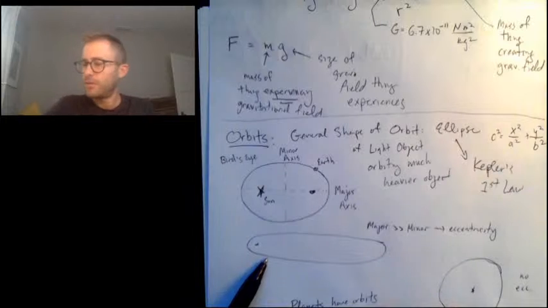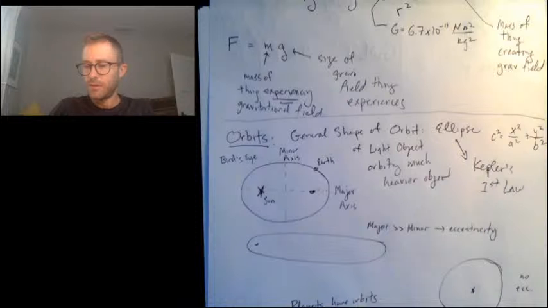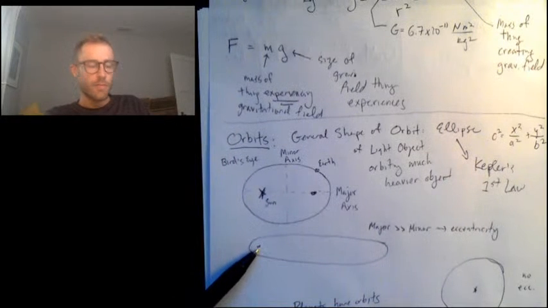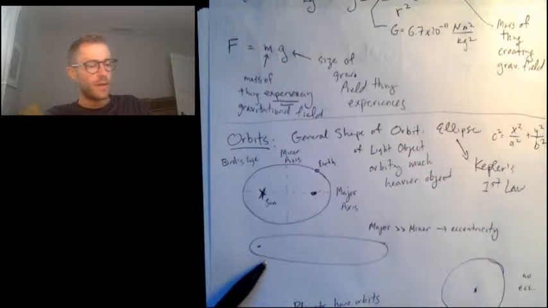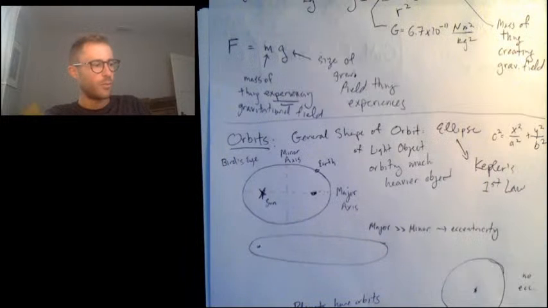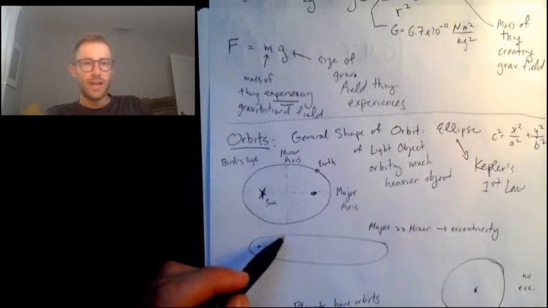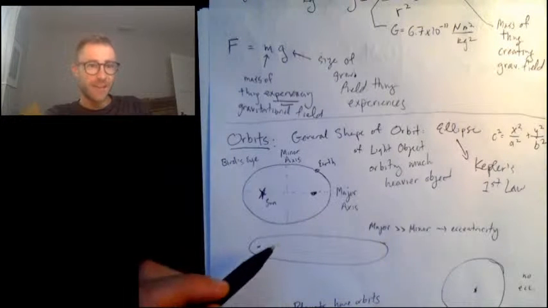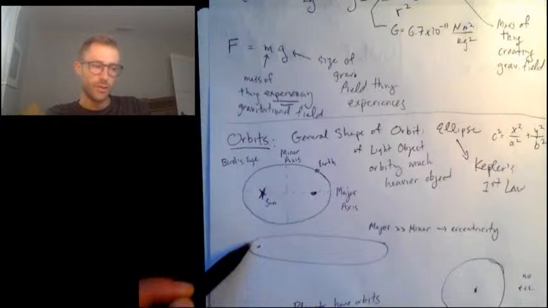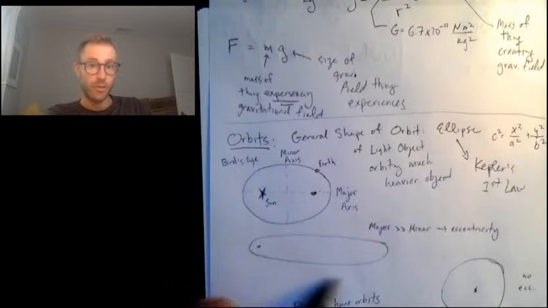And hang on a second, I just want to make sure. So, and then what Kepler's third law said was that planets orbit faster when they are closer to the sun than when they are far away.